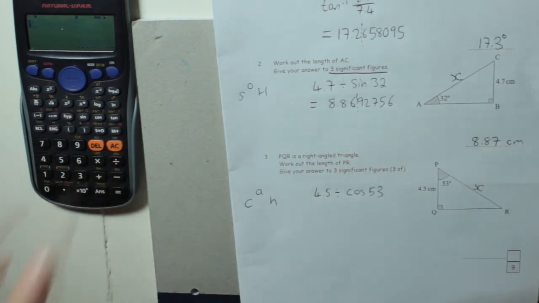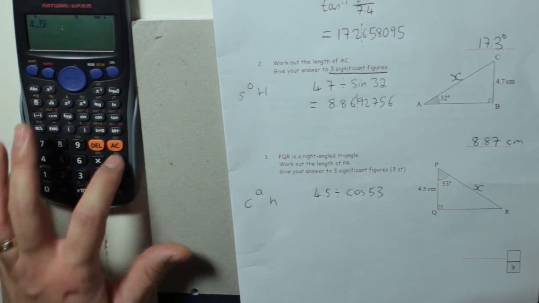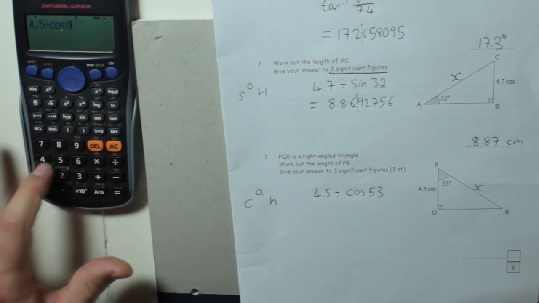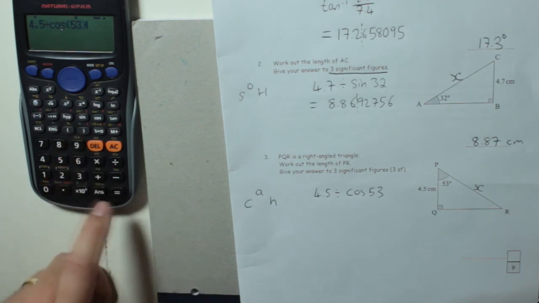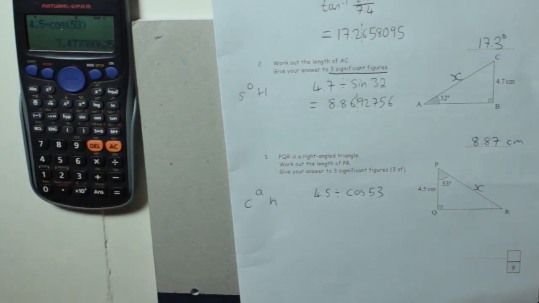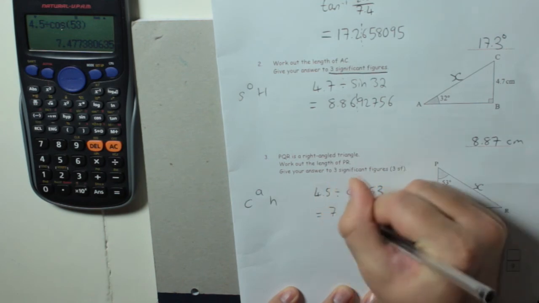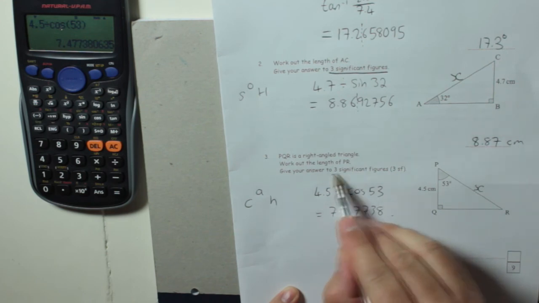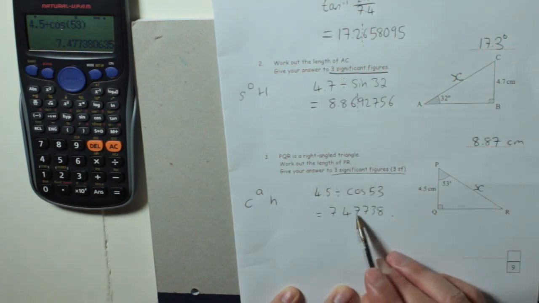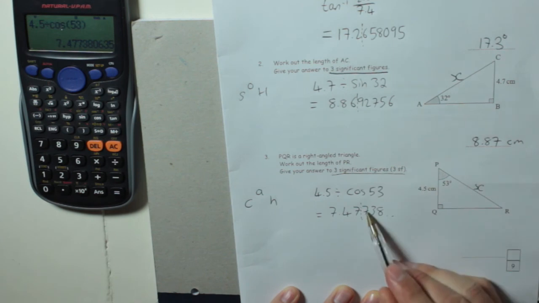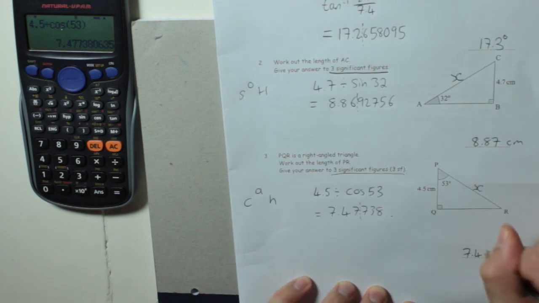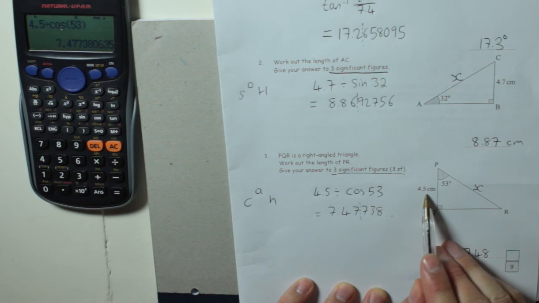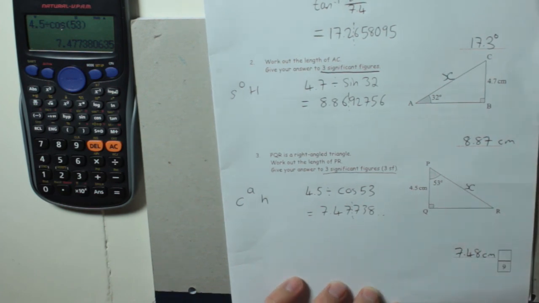So let's work it out. 4.5 divided by cos 53 is 7.477 and so on. 3 significant figures. So 1, 2, 3. That's big because it's 5 or above. So that 7 goes up by 1 to 8. So it's 7.48. And the units, centimetres, so centimetres. There we go.